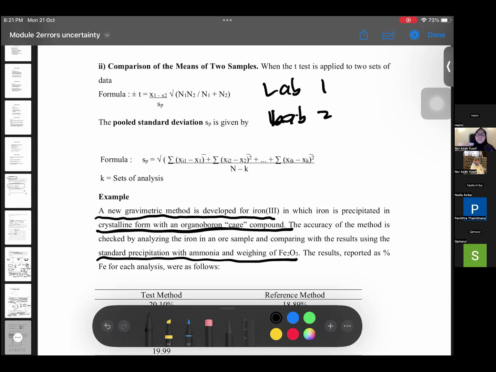So you have the samples, you send them to 3 accredited labs, and they are using the same procedure. So you can use this t-test as well to compare the accuracy between these three. But in this example, we are still using a standard method against a new method. Apart from that, you can use this t-test to compare results between different labs, different sets of analysis, not necessarily a new method.